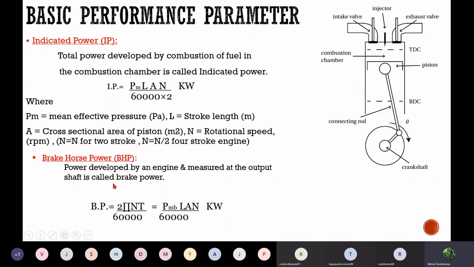But instead of that, you should compare the brake power output. And nowadays, instead of cc, automobile people indicate the brake power, as well as the torque, how much torque they are generating.